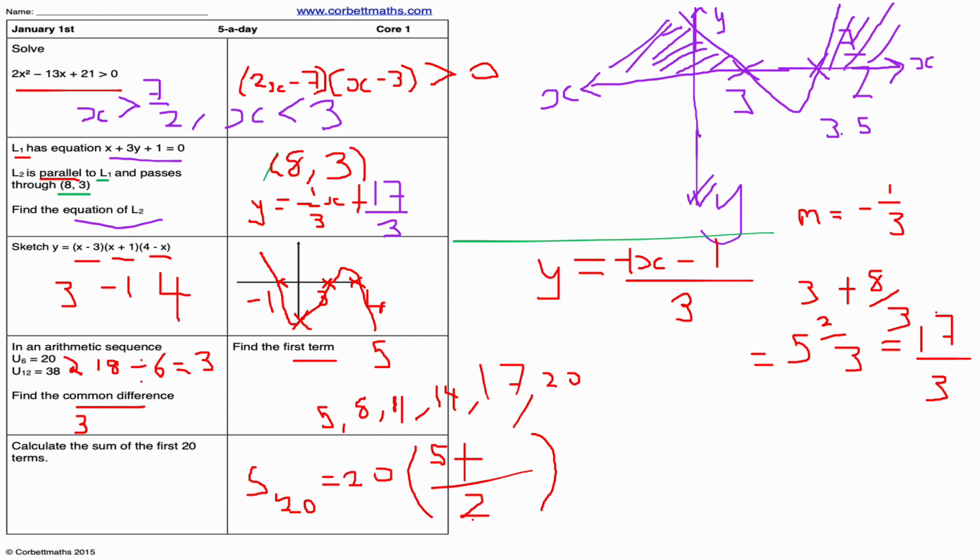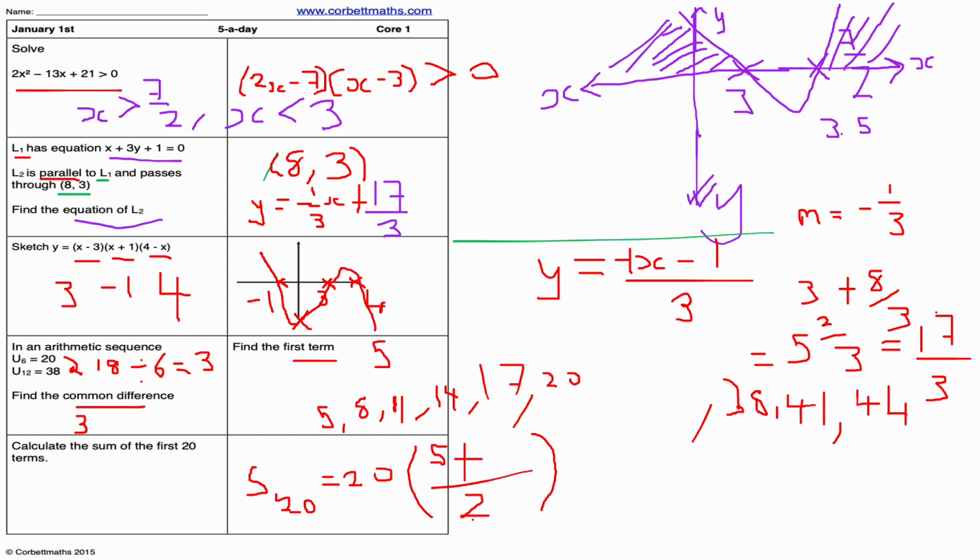U1 is equal to that, U2 is equal to that, U3 equals that, U4, U5, U6 equal that, U12 equals 38. U13 will equal 41. U14 is equal to 44.